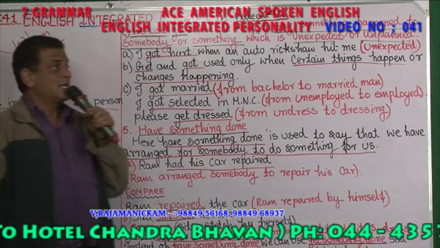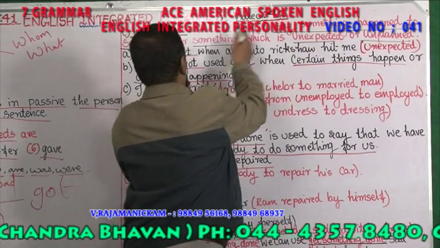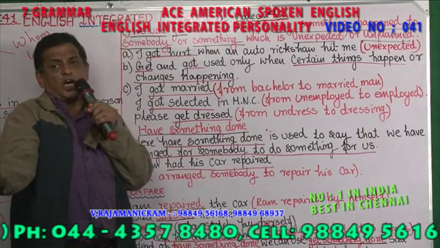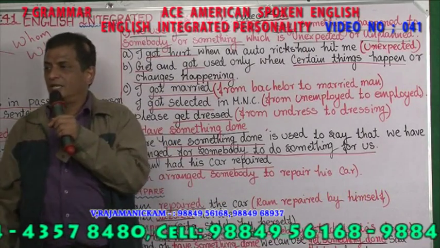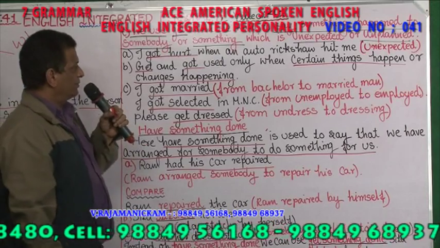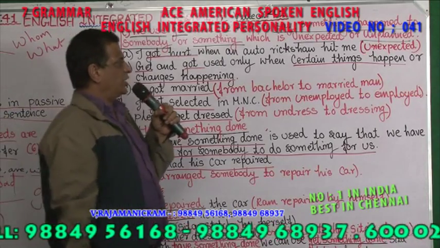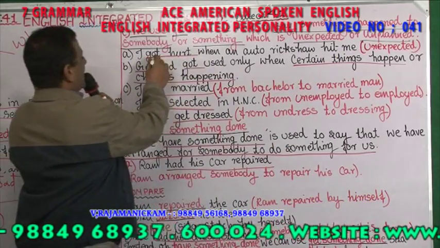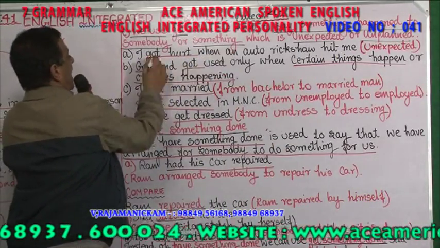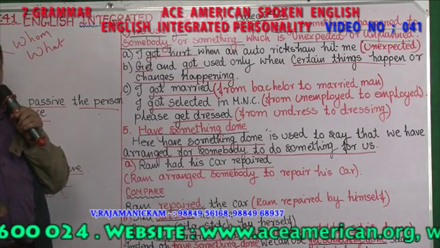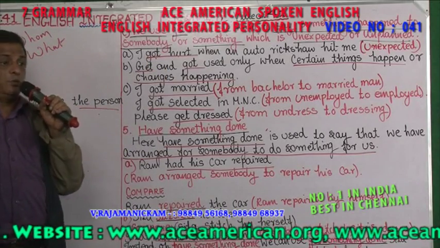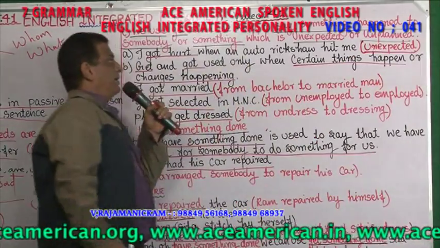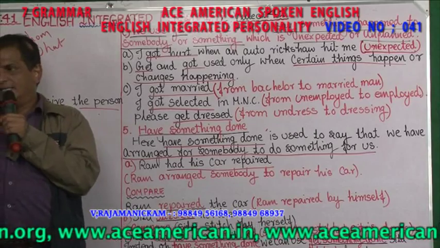Whatever it is, something happened to somebody, something unexpected. I got affected by jaundice. Unplanned: I got hurt when an auto rickshaw hit me. I was walking on the road, suddenly I got hurt. When unexpected things happen, when you never expected something to happen, there you use got hurt, right?